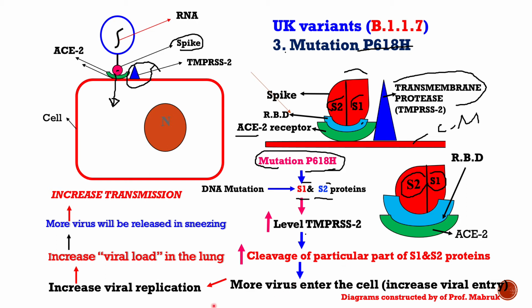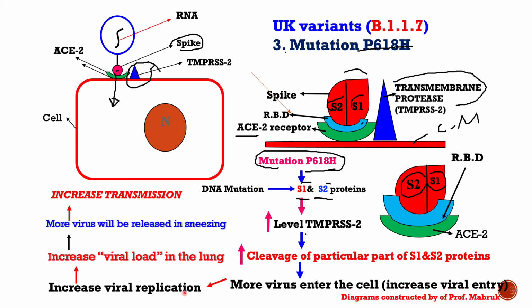Then there will be more virus to enter the cells, or increase in the virus entry into the cells. This more cleavage of the S1 and S2 proteins will result in more virus entering into the cells.